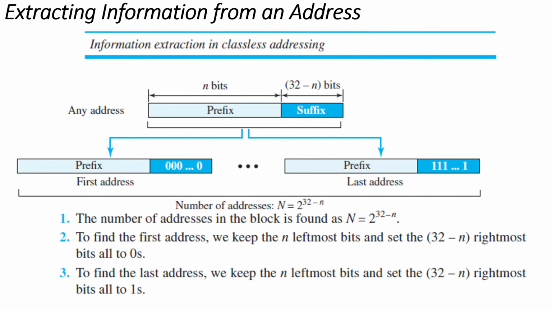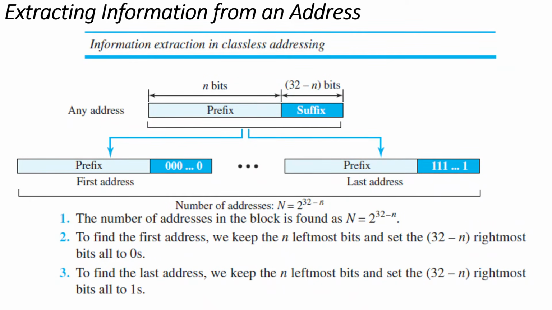The number of addresses, capital N, is equal to 2 power 32 minus n, because in IPv4, 32 bits are used to represent the addresses. Capital N indicates the total number of addresses in the block, where small n is equal to the prefix length.